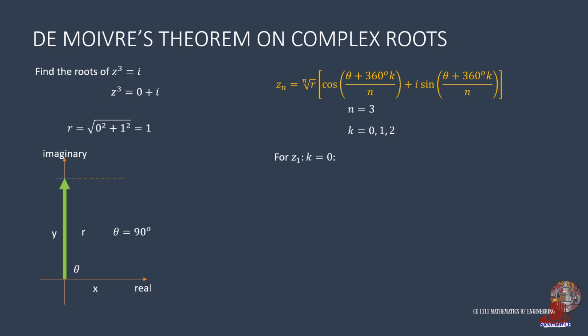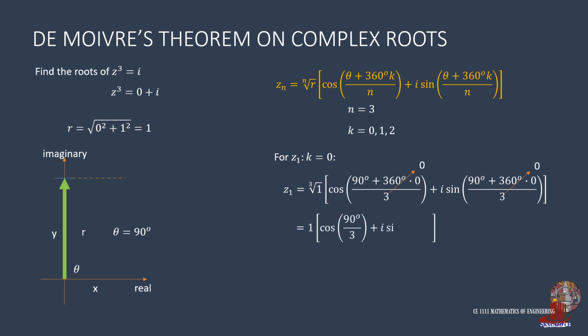For the first root, k is taken as 0. Z1 is the cube root of 1 times cosine of 90 plus 360 times 0 over 3 plus I sine of 90 plus 360 times 0 upon 3. The second term is zeroed out, so Z1 is just 1 cosine of 90 upon 3 plus I sine of 90 over 3.